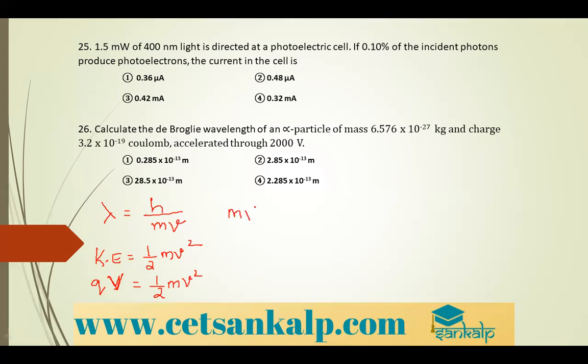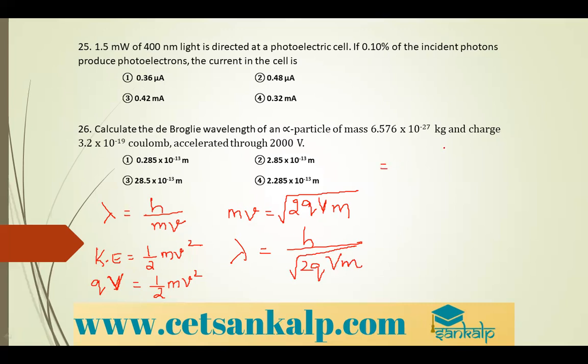So I want mv. mv is equal to root of 2qVm. V is voltage, m is the mass. You just multiply and divide by m. Now lambda is equal to h divided by root of 2qVm.